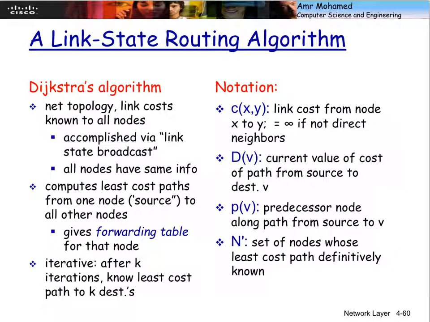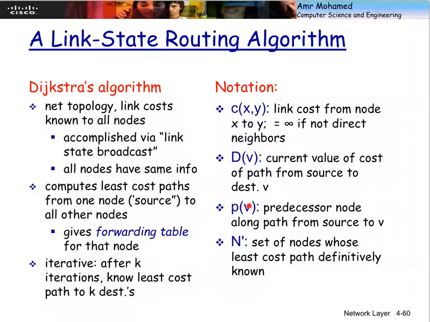So that will give us the d(v), where v is any node on the network, and d(v) will give you the shortest path cost. So d(v) here gives you the end-to-end cost from the source node to a specific node on the network. Okay, so d(v) represents a path end-to-end.